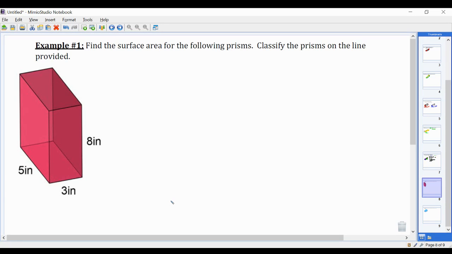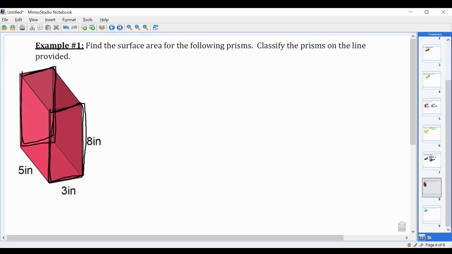We know the base faces on this prism, so let's highlight those. The base faces on this prism are rectangles. So there's the front and here's the back. We know those are rectangles.